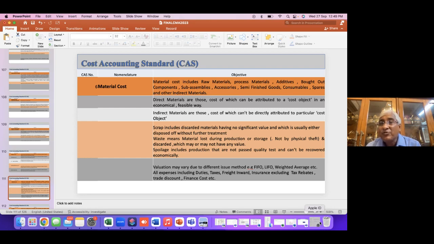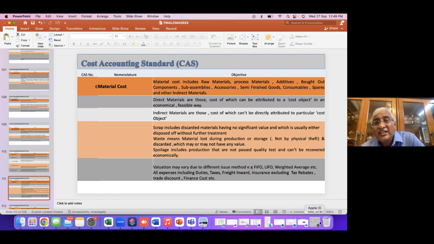So semi-finished up to one stage is the same. After that, when you put in that particular tint of color or smell, then it's a different product. Why I'm saying this, these are very typical, so I thought I should share my experience. So material cost consists of all these elements.